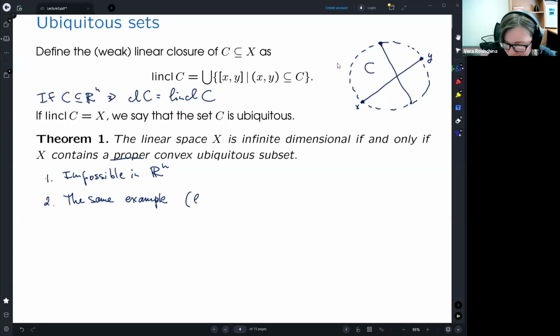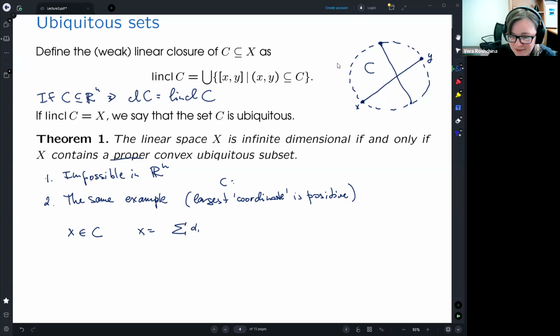So the largest coordinate is positive. I take some point in my set C, and let's say x is the sum of alpha_i e_i, where the e_i are basis elements. Let me write it like this: there's some index set, and this representation is finite, of course.